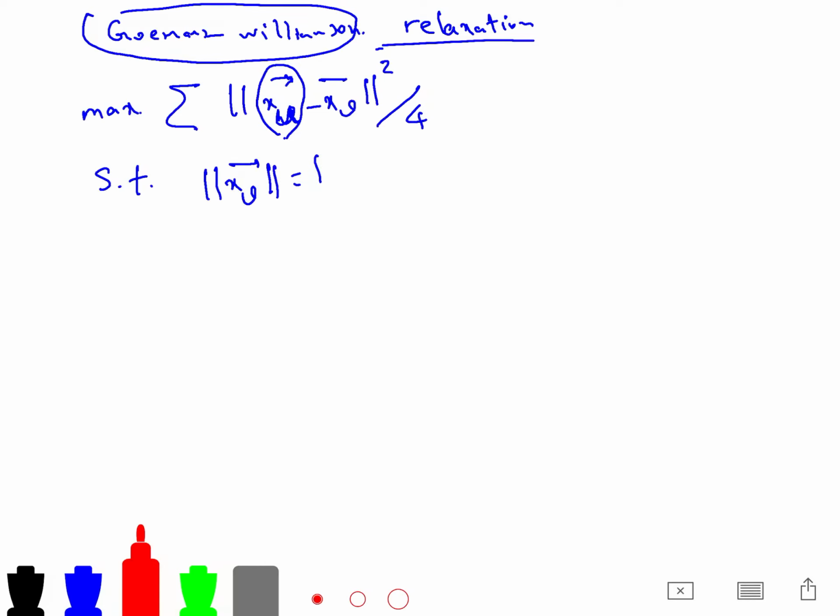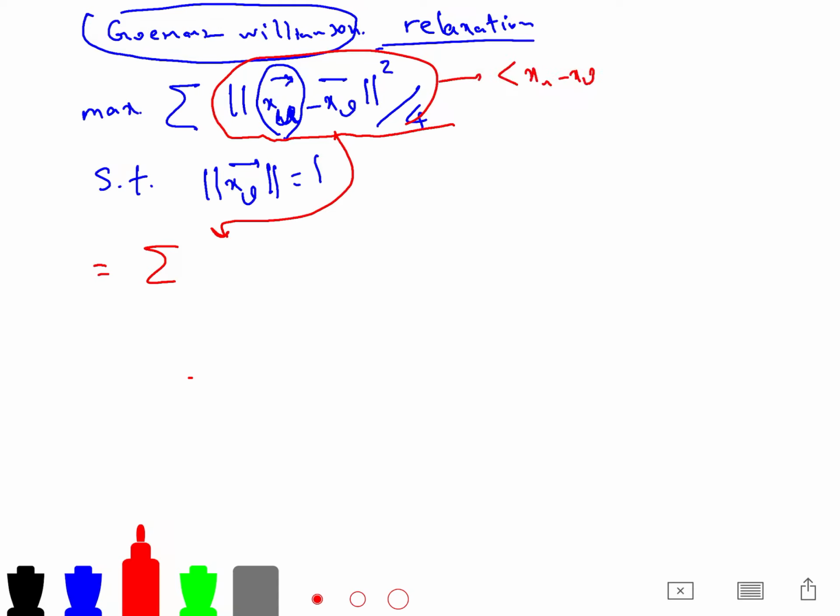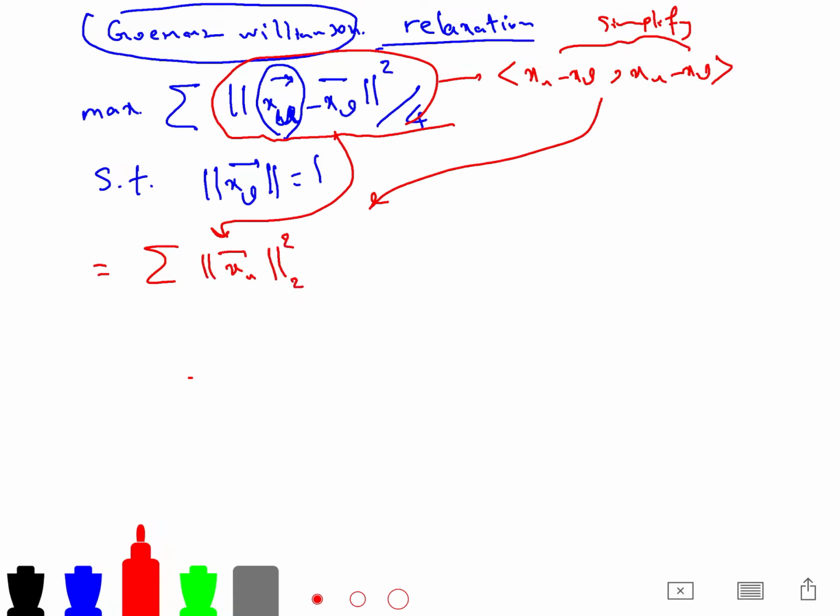And it is a simple exercise to show that we can write this as the sum over edges, where you write it as x_u minus x_v, the dot product of this vector with itself. If you simplify this, it becomes x_u squared plus x_v squared minus 2 times the dot product of x_u and x_v, and then all of them over 4.